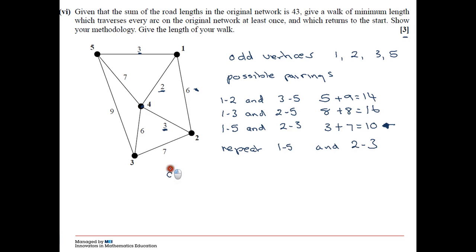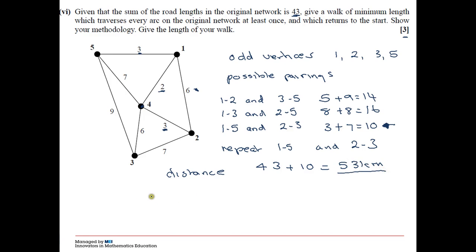And the distance that we're going to have to travel is going to be the 43 that is given to us as the sum of the road lengths in the original network, plus the extra distance for our repeats that we need, and that's going to give us 53 kilometers.